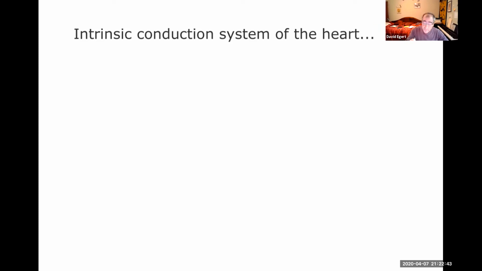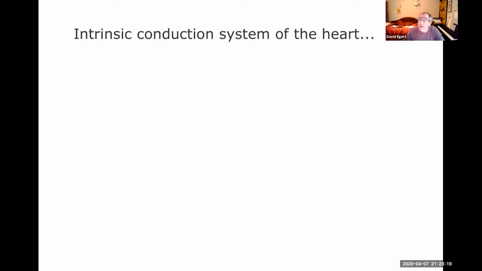So the heart beats. Maybe I should have just gone straight to the crux here. The heart beats on its own without any input from the nervous system. If this was a zombie movie and I reached into somebody's chest and pulled out their heart and held it in front of me, it would keep beating in my hand.